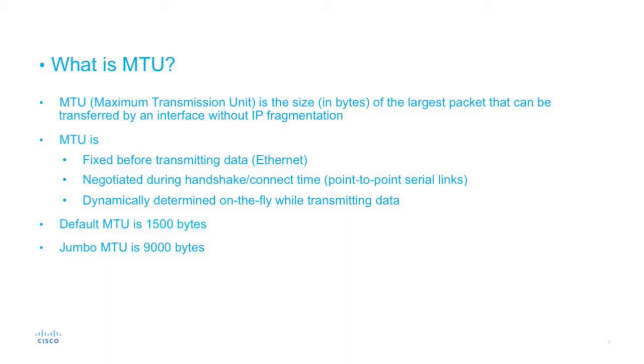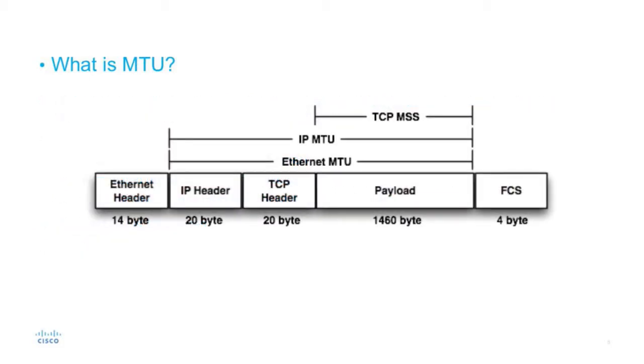Default is 1500 bytes. Jumbo is 9000 bytes. This size is the payload without the header and the trailer in the packet. So this is a very generic IP packet. We have a 14-byte Ethernet header, the usual 20-byte IP header, and then a 20-byte TCP header, and the payload itself, and then the checksum of 4 bytes.